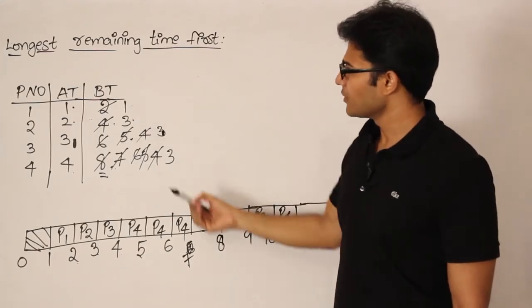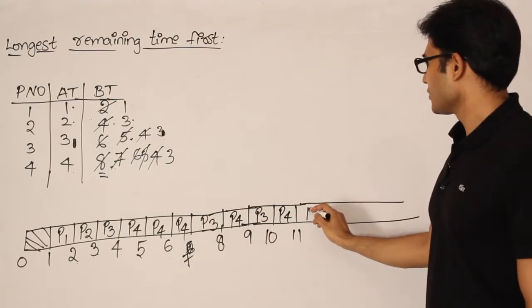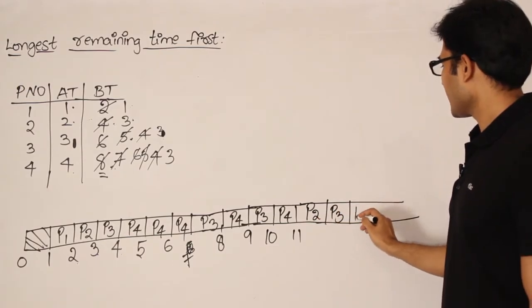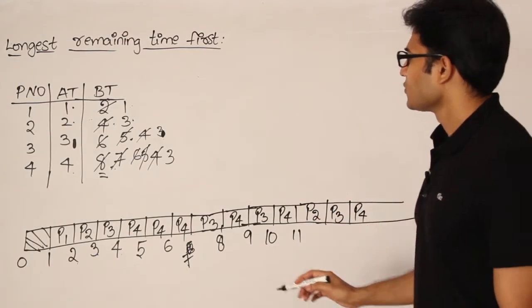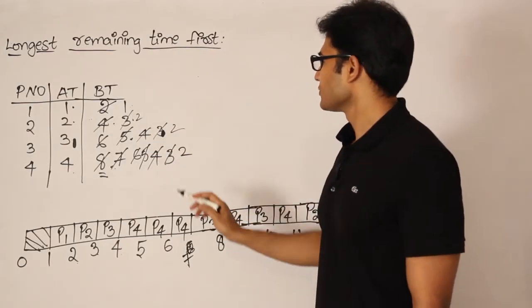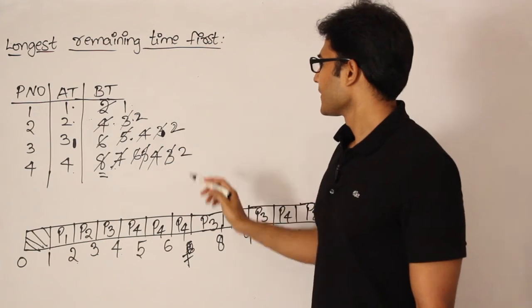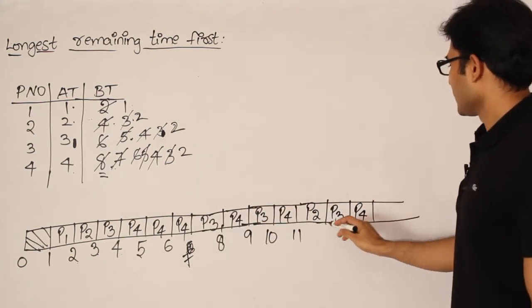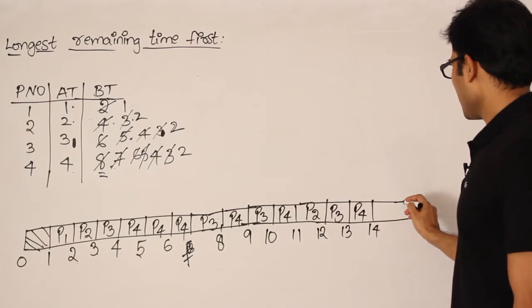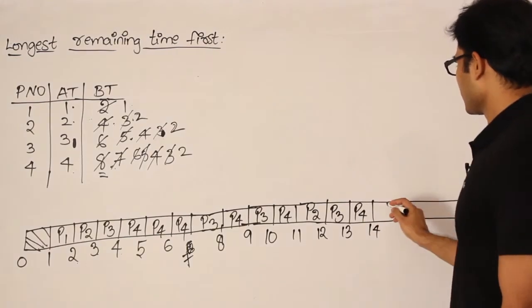And again the same thing will repeat, right? So I have to run P2, P3 and P4, right? So it is going to be 2, 2 and 2 now, isn't it? It will be 12, 13, 14. Again you run them for one more time.